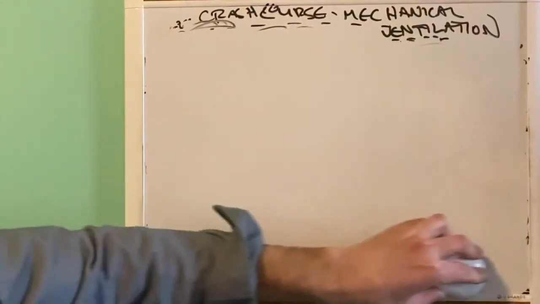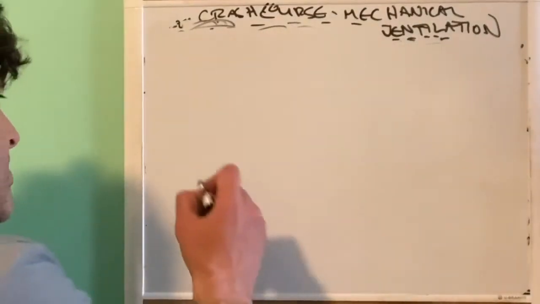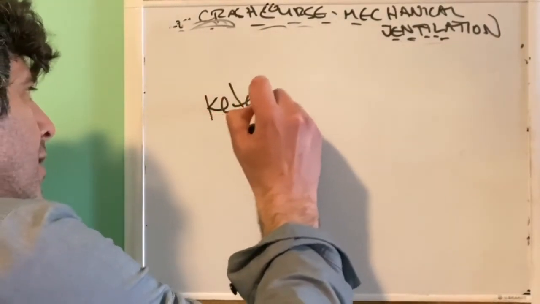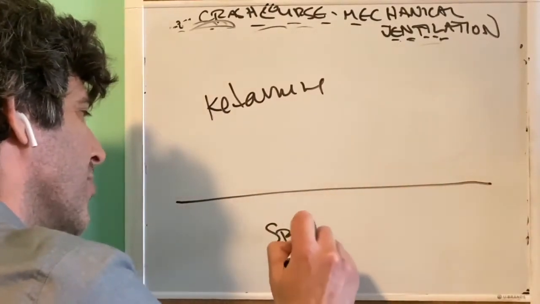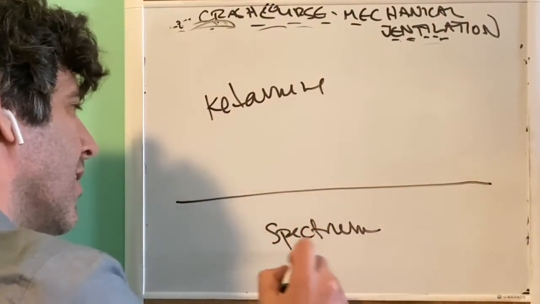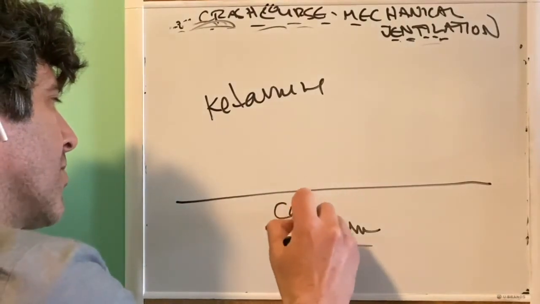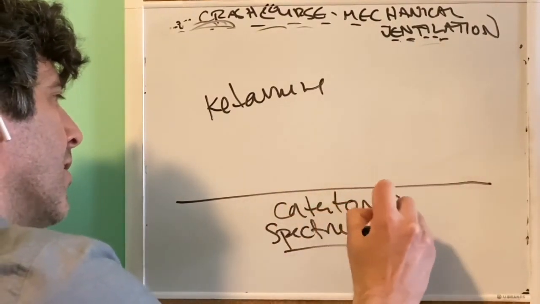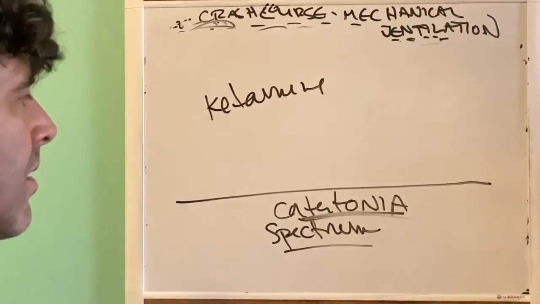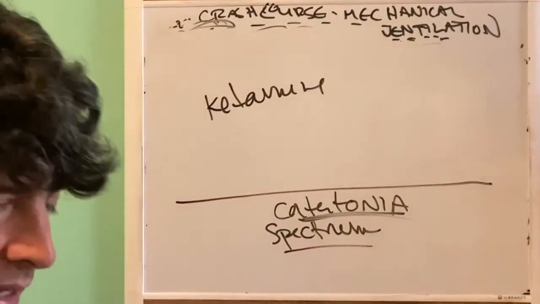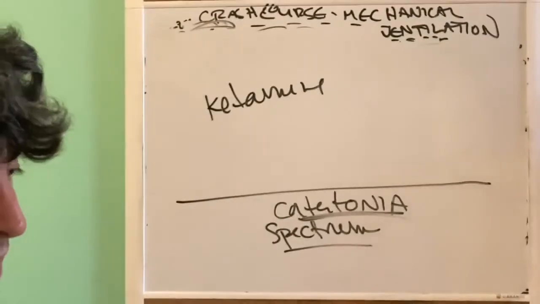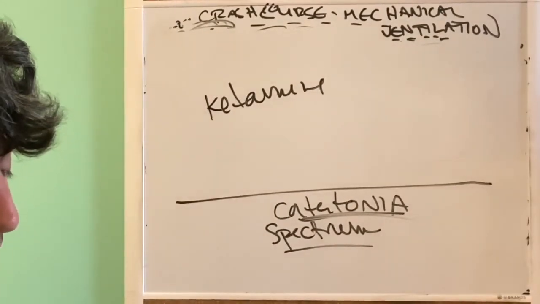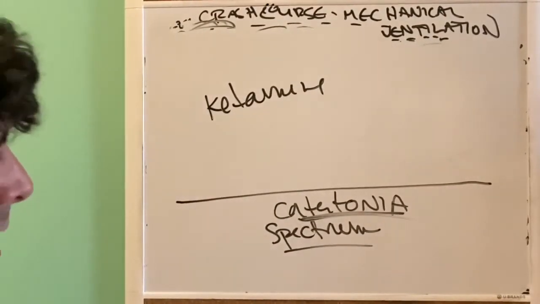And really, I see ketamine not on a spectrum of sedation, but as a spectrum of catatonia. They're actually using ketamine to study schizophrenia, and it seems to, in some ways, mirror the negative symptoms of schizophrenia.